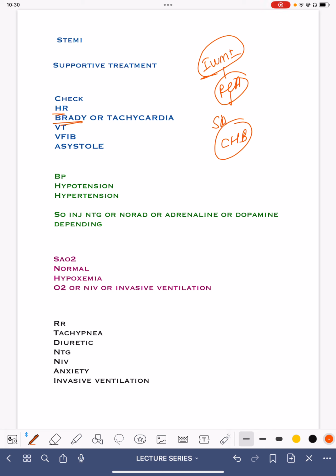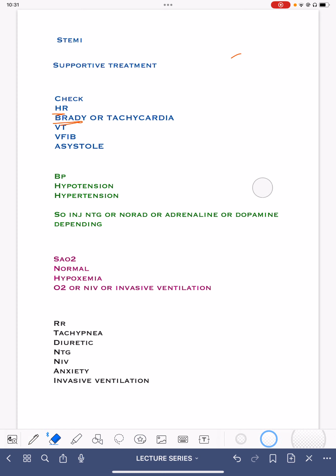So if the patient has bradycardia, the patient may need isoprenaline, atropine, or adrenaline. So the patient must survive for the treatment. So if the patient has bradycardia, atropine or isoprenaline or adrenaline or dobutamine or dopamine can be used to increase the heart rate to a certain level, at least around 60.